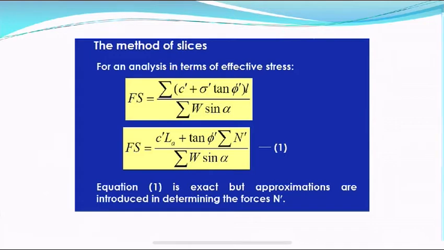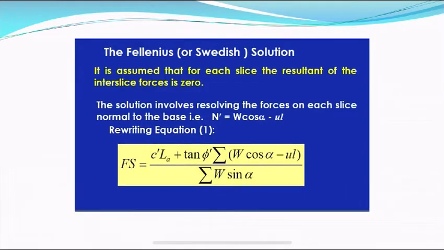As c dash La plus tan phi dash into sigma N dash, where N is rewritten in this equation, c dash La plus tan phi dash into sigma W cos alpha minus mu L by W sin alpha.